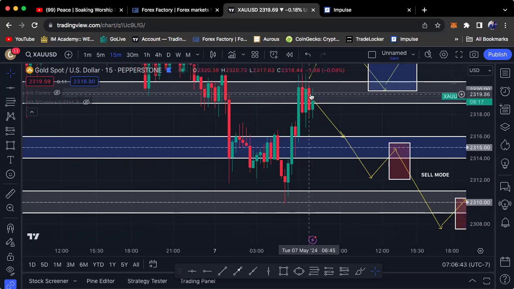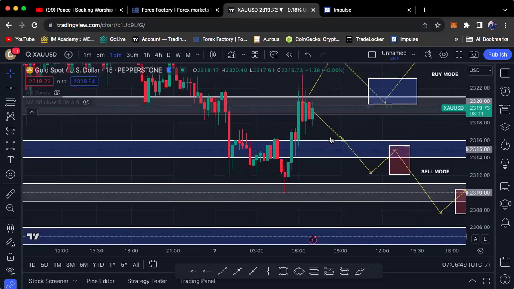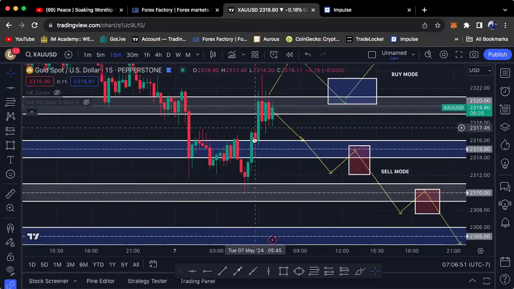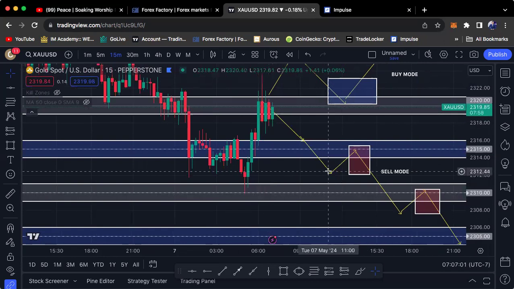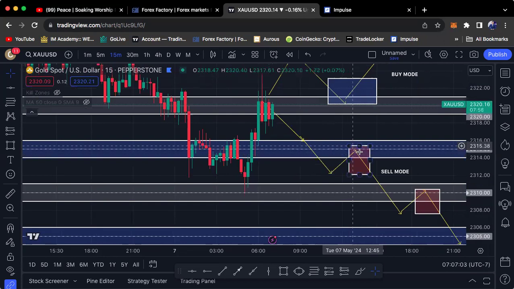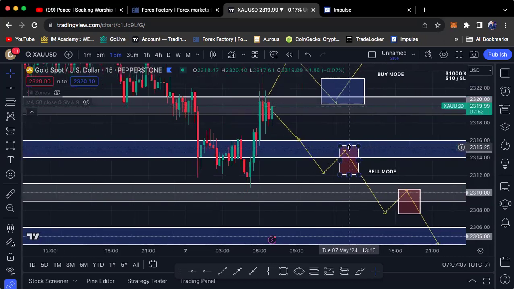I'm waiting for the next break of structure, because when you see a downtrend, I want support to become resistance. So this support has to become a resistance for that sell. I'm waiting for it to break below and retest, and that gives me confirmation that it's a continuation to the downside.